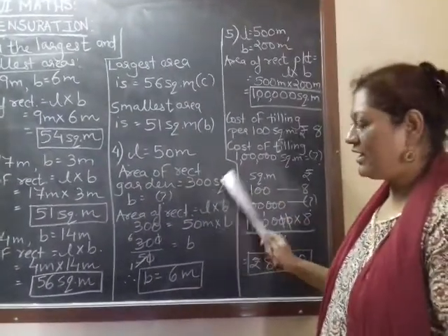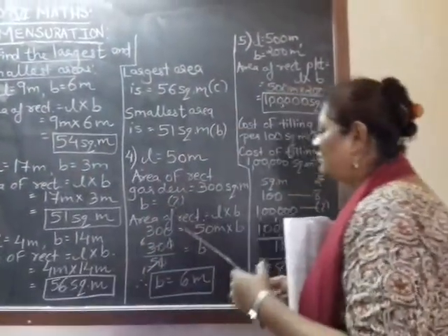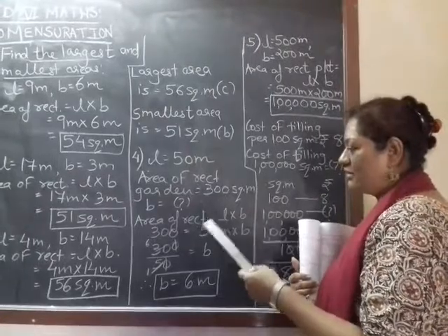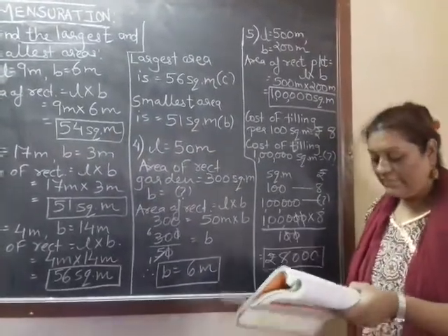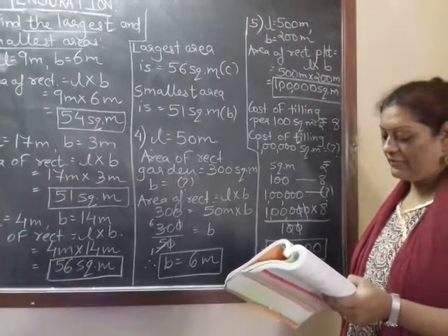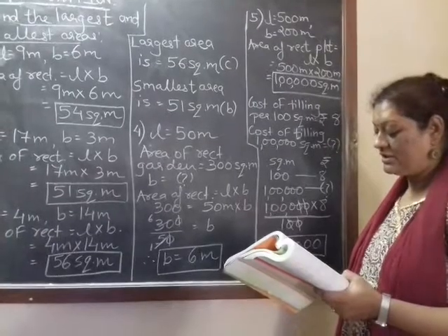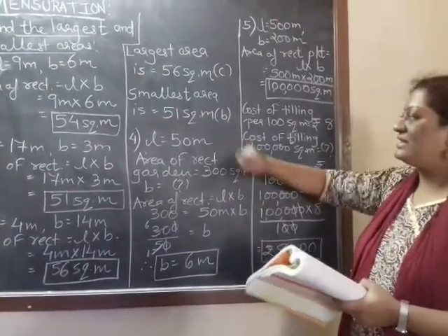Question number 4. You need to think about the sum, but it's easy. We had solved this in perimeter also. I will just go through the sum. The area of a rectangular garden, 50 meter long. Long means what? Wherever we have the word long, it means length.